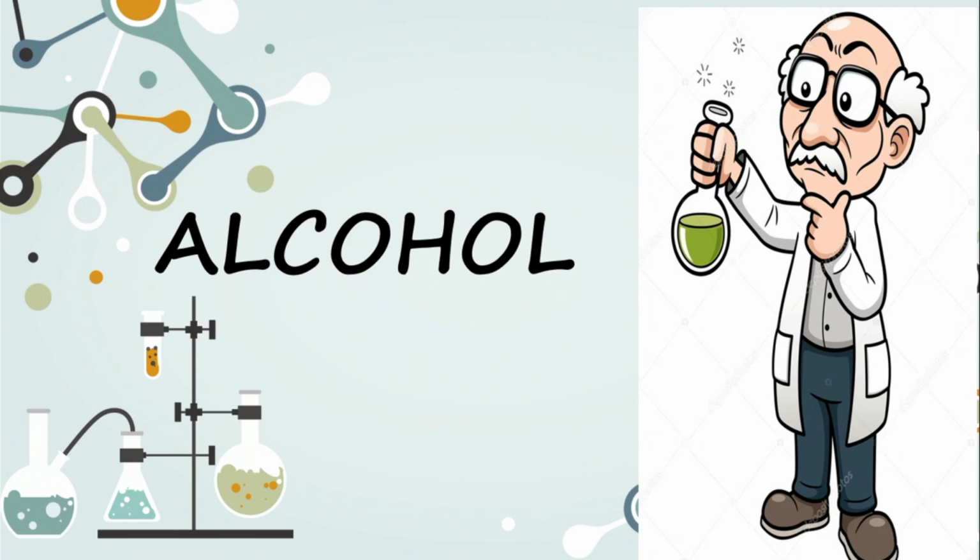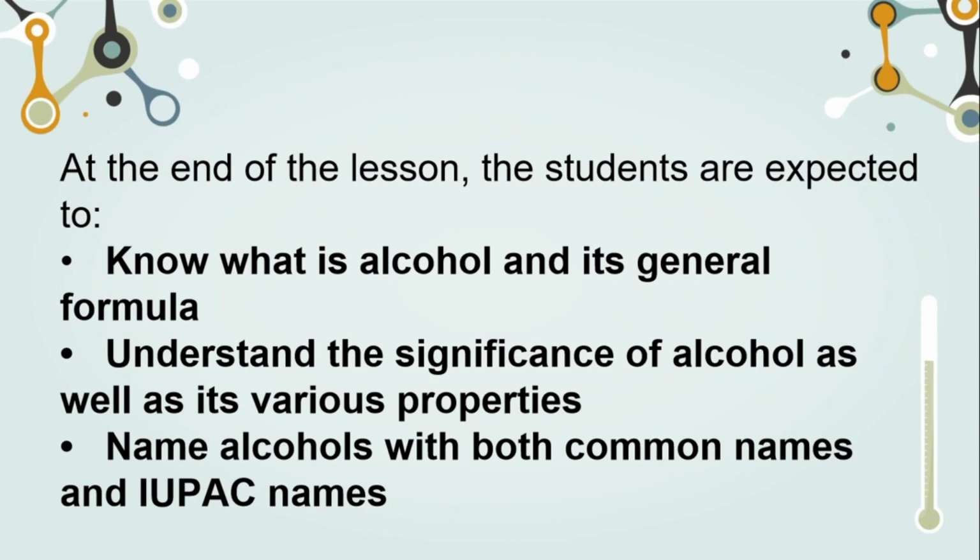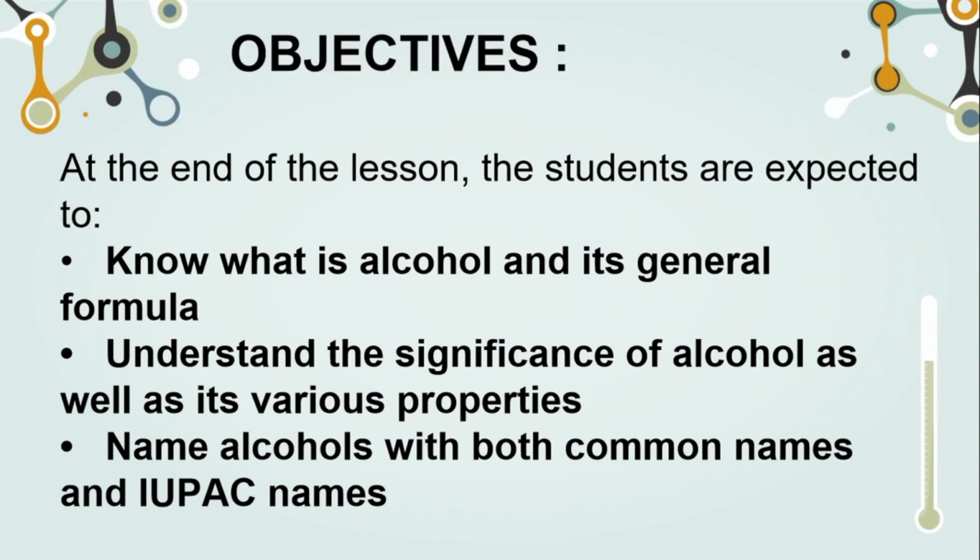So, for today, we will discuss all about alcohol. But before we begin our discussion, here are some objectives that the students are expected to attain at the end of this lesson. First, the students are expected to know what alcohol is and its general formula, understand the significance of alcohol as well as its various properties, name alcohols with both common names and IUPAC names.